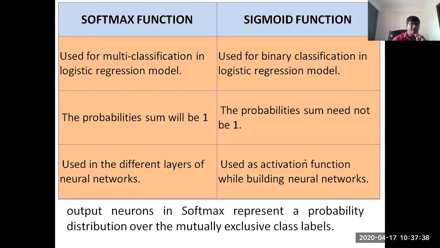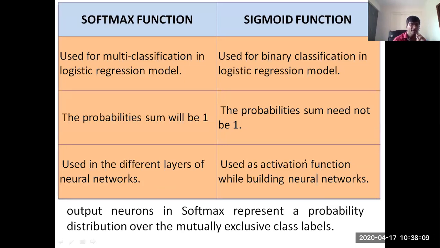Here is a very small comparison between the softmax and sigmoid functions. Softmax functions are used for multi-class classification, whereas for binary classification we can always stick to logistic regression, the sigmoid function. The sum of the probabilities in softmax is 1, and in sigmoid the sum of the probabilities may not be 1.